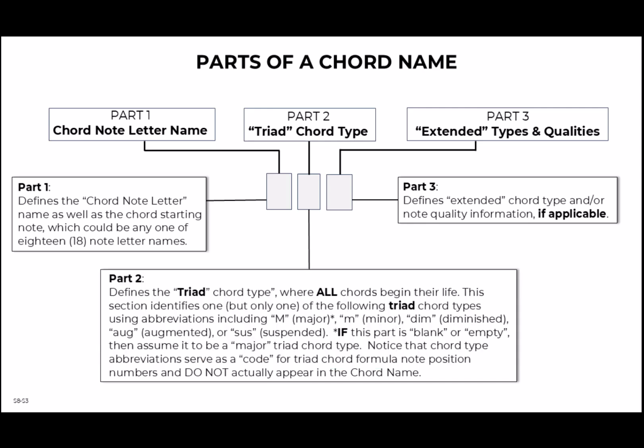The second section of any chord name is located immediately to the right of the note letter and is the area that defines which type of triad it is, where all chords begin their life.